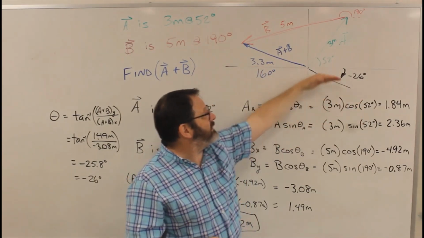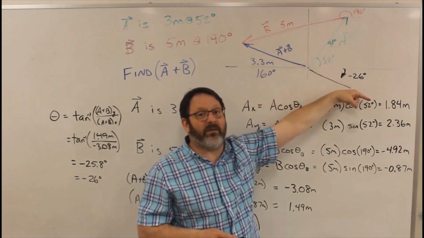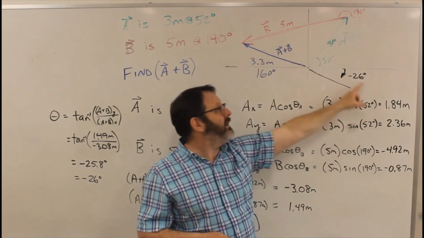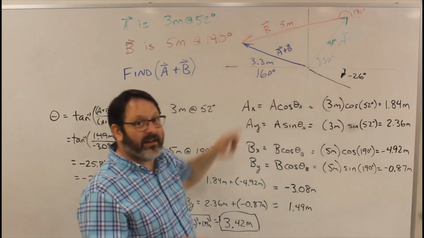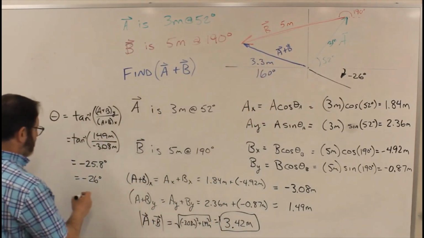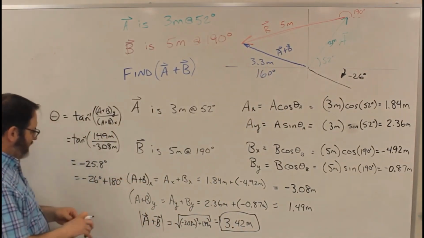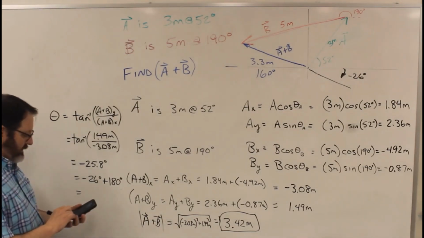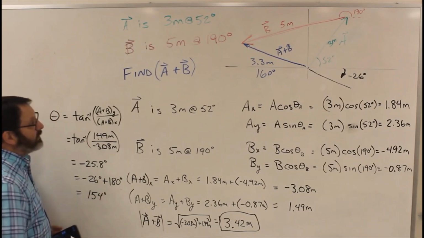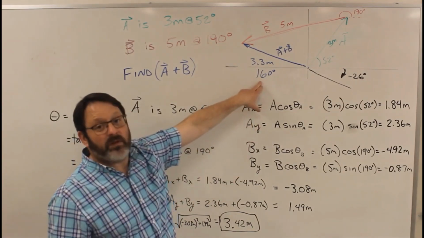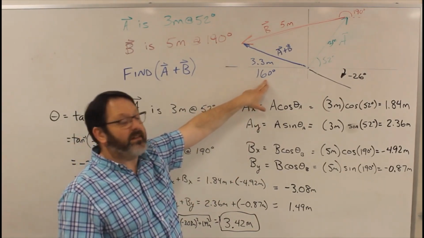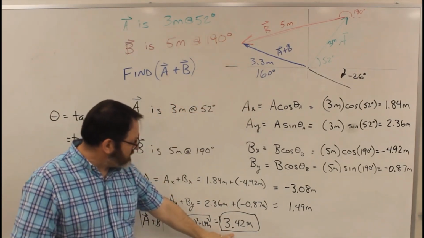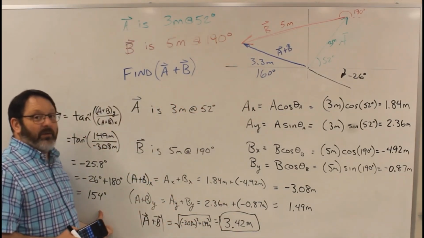You have to recognize that negative 26 degrees is down that way, and obviously this plus that is not anywhere over here. So we have to add 180 degrees to that: negative 26 plus 180 degrees. So negative 26 plus 180 is 154 degrees. And you can see when we drew it, we ended up with about 160. So we knew it should be close to 3.3 meters at 160. It's actually 3.42 at 154.